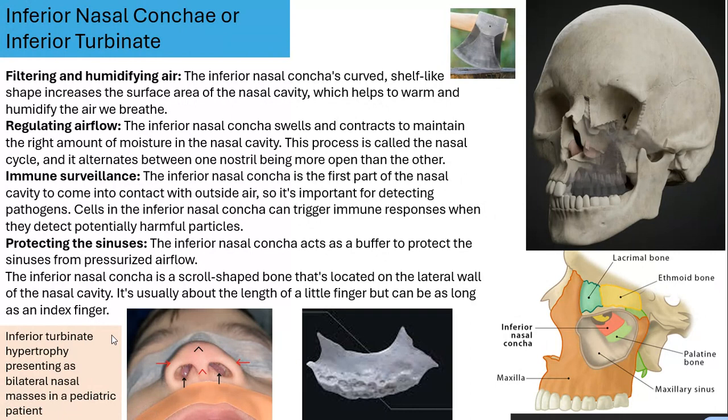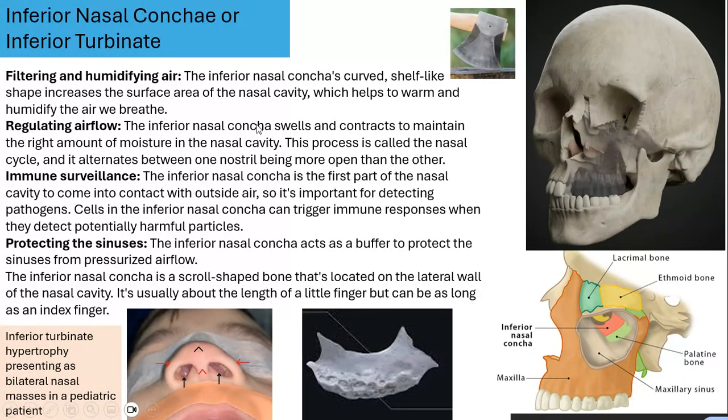Immune surveillance: the inferior nasal concha is the first part of the nasal cavity to come into contact with the outside air, so it's important for detecting pathogens. Cells in the inferior nasal concha can trigger immune responses when they detect potentially harmful particles.